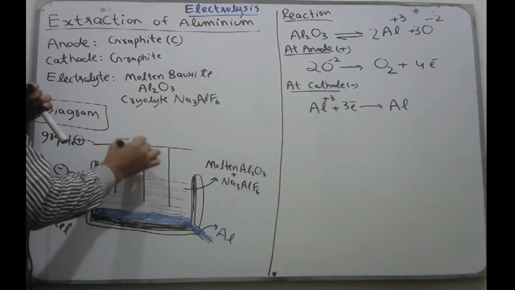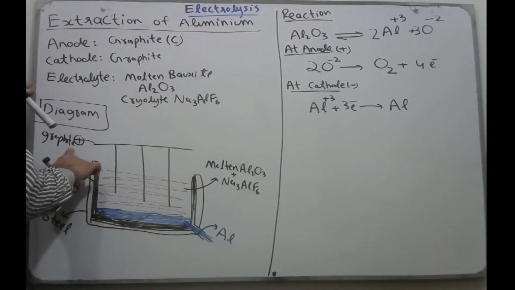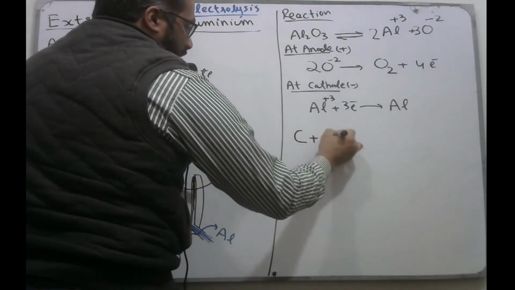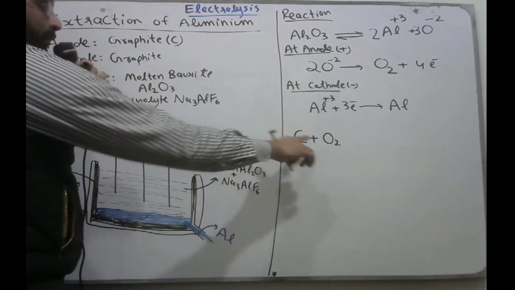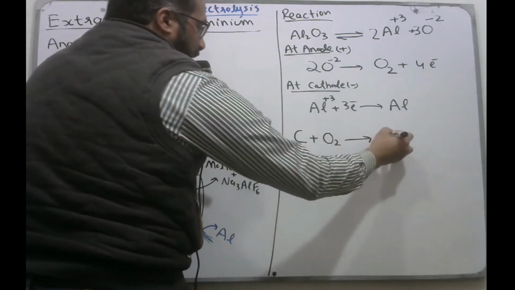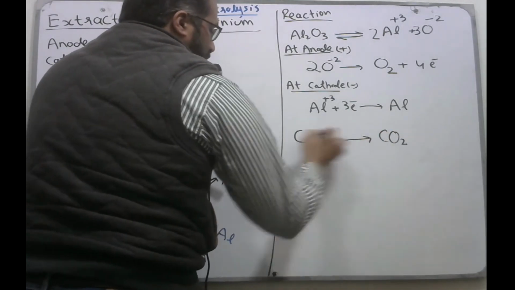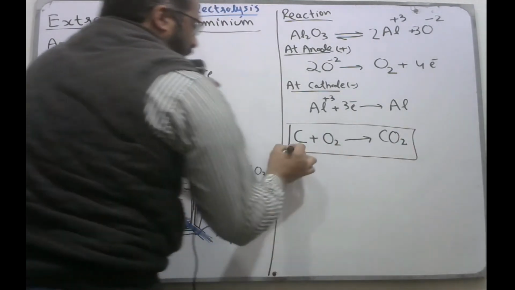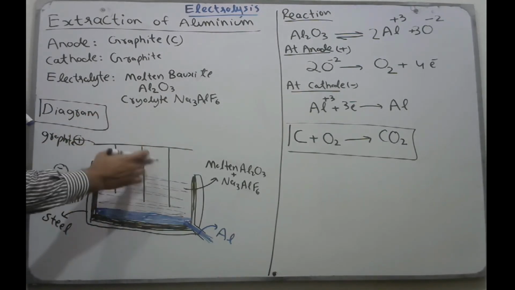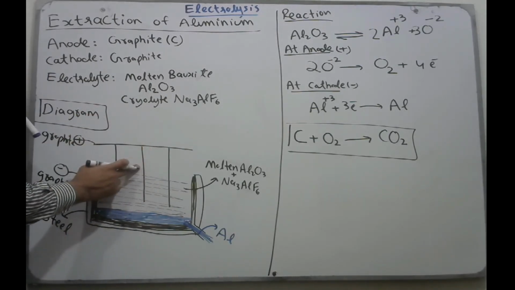These anode rods consist of graphite, so the graphite rods react with the oxygen produced at the anode and are consumed in the form of carbon dioxide. So we have to change these graphite rods periodically because they are converting into carbon dioxide.